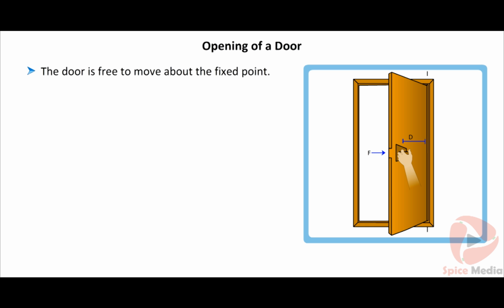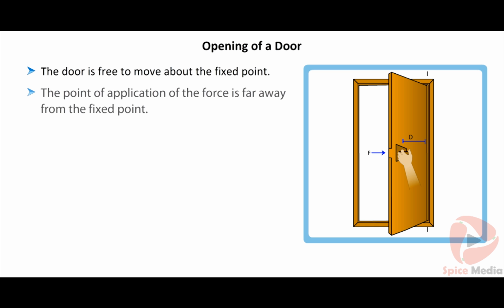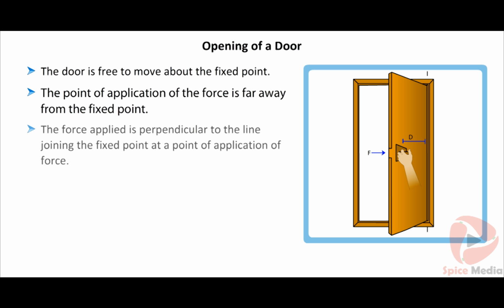On opening the door, the point of application of the force is the handle and it is far away from the fixed point. The force applied is perpendicular to the line joining the hinges at the point of application of the force, that is, the handle.